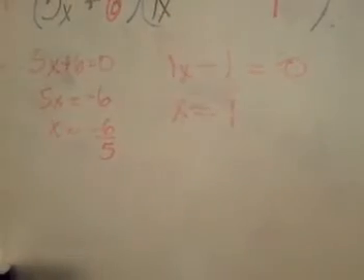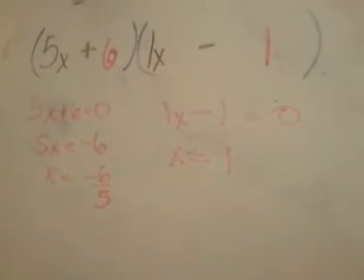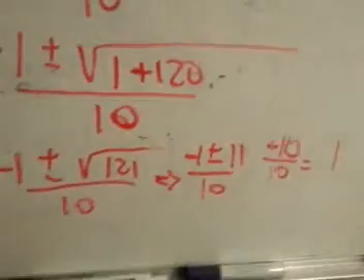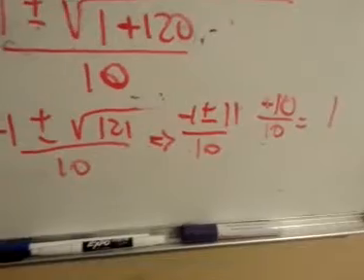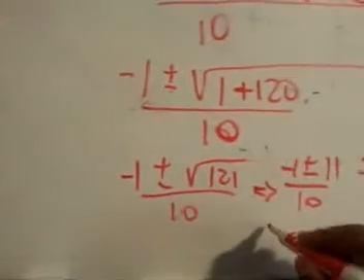Now again, this was an easy one that you could do almost by trial and error, but if it were more complicated, you wouldn't want to use that. If everything holds to form, the next answer ought to be negative 6 over 5. But let's see. We're just checking it out.